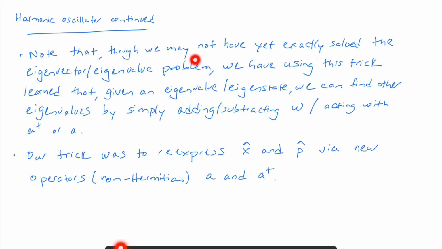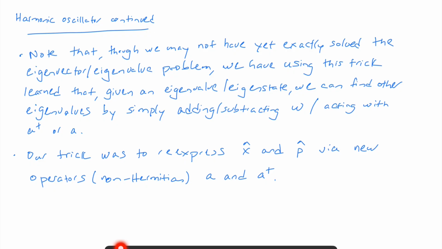Now, note that though we may not have yet exactly solved the eigenvector eigenvalue problem, as well as we did with the position basis and the Hermite polynomials, using our trick, we still learned that given an eigenvalue eigenstate, we can find other eigenvalues by simply adding and subtracting omega or acting with A dagger or A. So we have a way to build up eigenvalues and eigenvectors. We didn't tell you what the zeroth one or the ground state was, so we might go up and down.